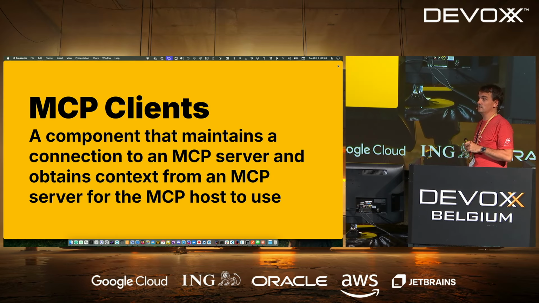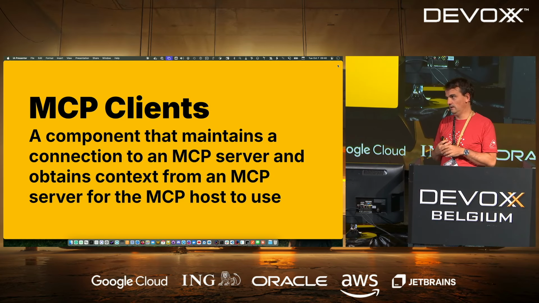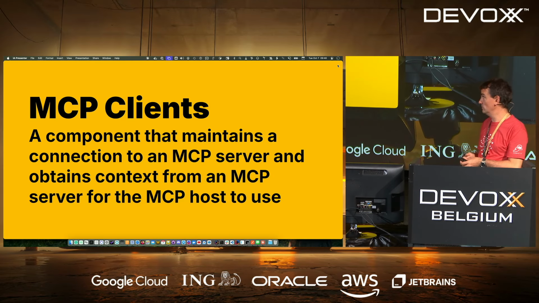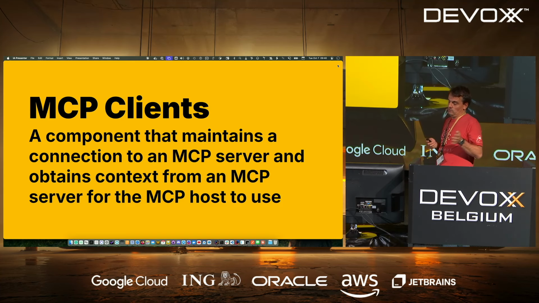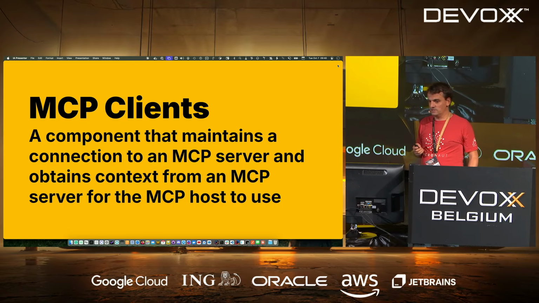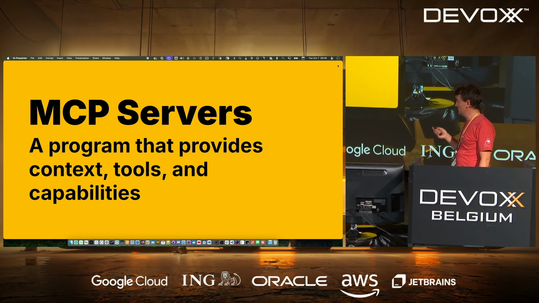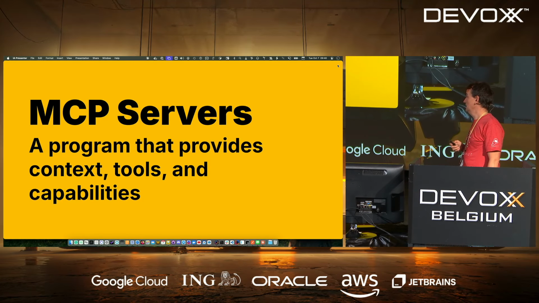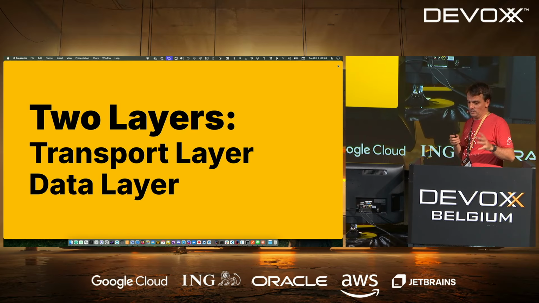Sometimes when you access Claude or GitHub Copilot, the host and the clients are a bit mixed, but essentially the host is kind of the LLM, and aside the host is running an MCP client, which will connect to the MCP server. So essentially, the client is the one that will connect to the MCP server, which is the one that is going to provide this context, these tools, these capabilities that we are going to see today, and they will make sense. And then we have the host, which is typically the LLM.